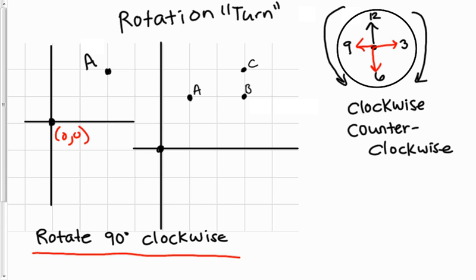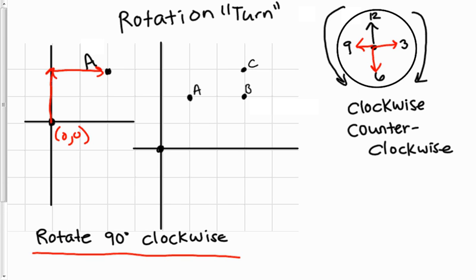And I'm going to be drawing arrows to demonstrate my horizontal and my vertical directions from my point of rotation to my point that I'm trying to rotate. So to get to point A, I'm going to be going up vertically to 2, and then I'm going to be going horizontally also 2 units.